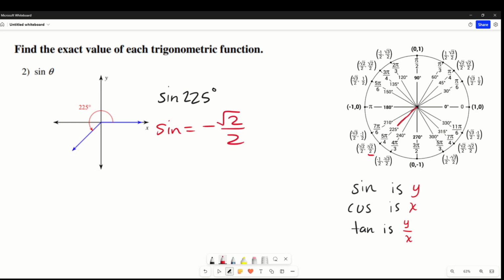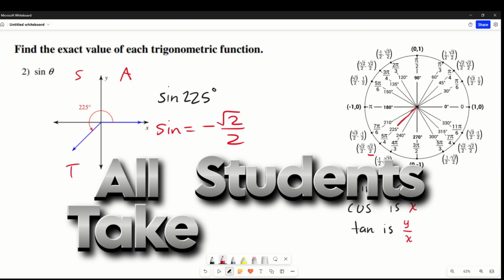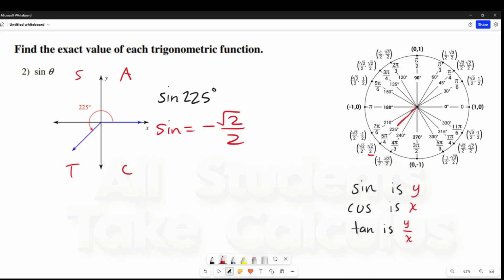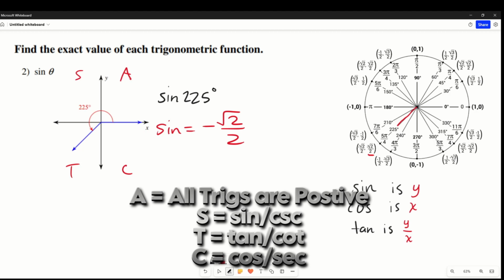There's something you need to remember: whether sine is positive or negative in this quadrant. We say "all students take calculus." Remember that phrase to help you memorize which trig function is positive in which quadrant. In quadrant 1, all are positive. In quadrant 2, sine is positive, while tangent and cosine are negative.